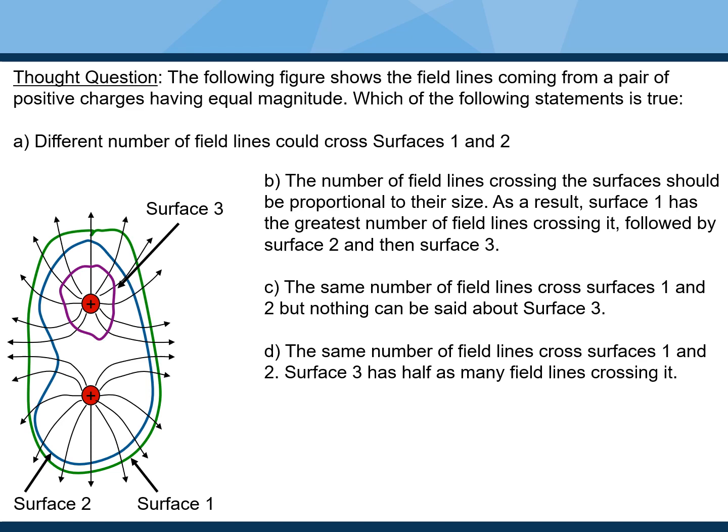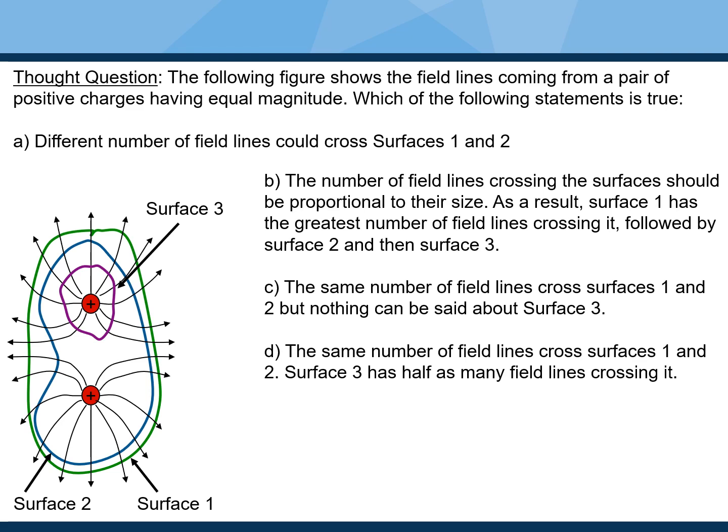Now notice that both the charges are equal, and the purple surface encloses exactly half as much charge as the blue or green surface, which basically means that surface 3 has exactly half as many field lines crossing it as surfaces 1 and 2.